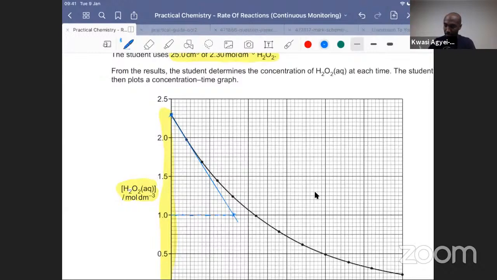Okay, so the gradient is equal to, okay, so we're looking at 2 point, I make that to be 2.3, so 2.3 being that point there. So 2.3 minus, we look at this point here, we've got 1.